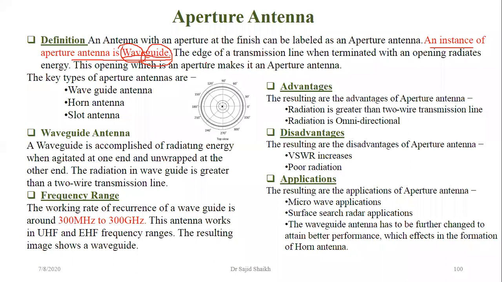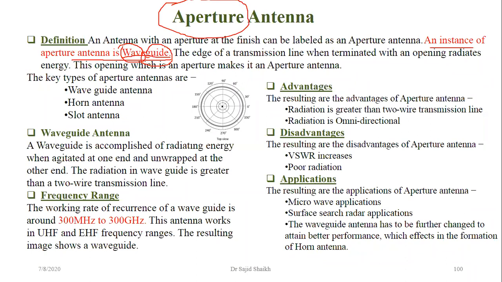In simple language, an aperture is nothing but a hole. If there is a hole in an antenna, we call that type of antenna an aperture antenna. That is the understanding of aperture antenna in very simple words: an antenna which has some holes.